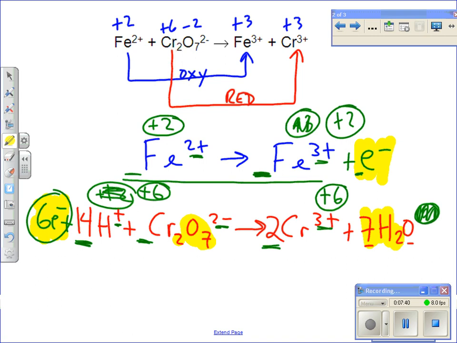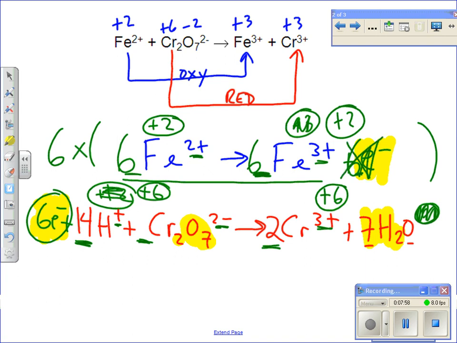So I'm going to take the top equation and multiply this whole thing by 6. This is going to be 6 here, 6 here, and 6 here. Now my electrons cancel. So you multiply by the lowest common multiple, get the electrons to cancel, and cancel them out.